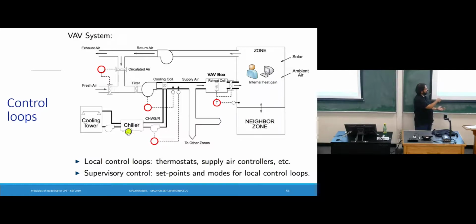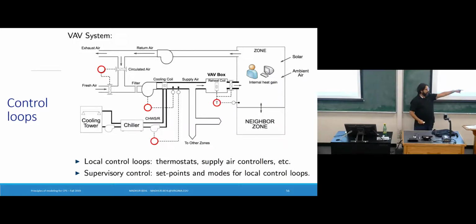So there are many, many such PIDs. At the chiller, we want to send water out at, say, 42 degrees Fahrenheit. There's going to be a set of valves and pumps that will do a local PID to maintain that set point. Okay. In addition, these are local self-regulating PID loops, but now one can ask, why this value of 55?